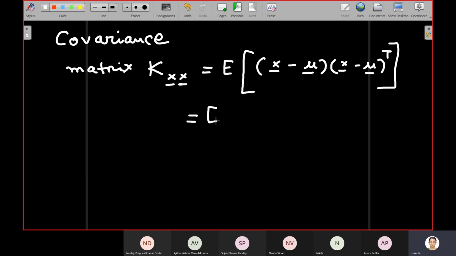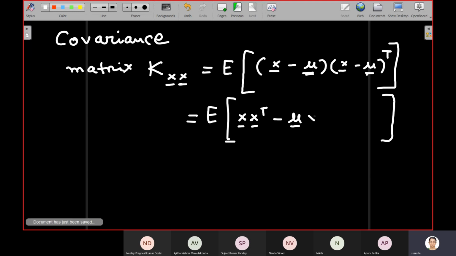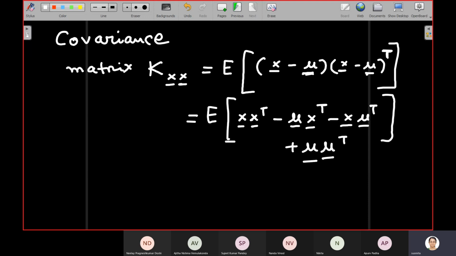Now we can expand the terms within the bracket. So then we have x transpose minus mu x transpose. We can take the transpose inside, then this will be x transpose, this is the mu transpose. Then we have x mu transpose and then plus mu mu transpose. Now mu is a deterministic quantity. Mu is the mean of the random vector. So the expectation operator always operates on a random term.